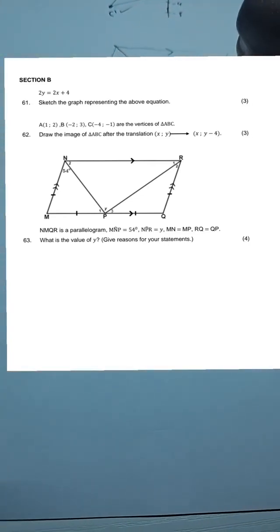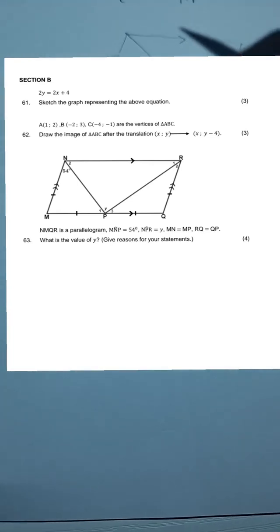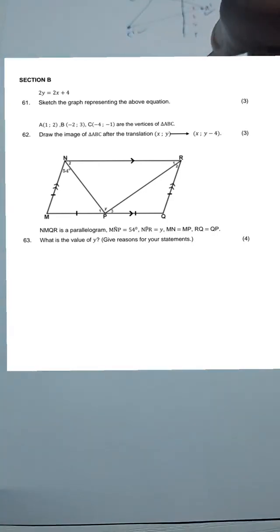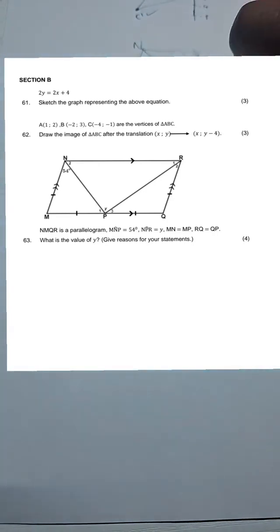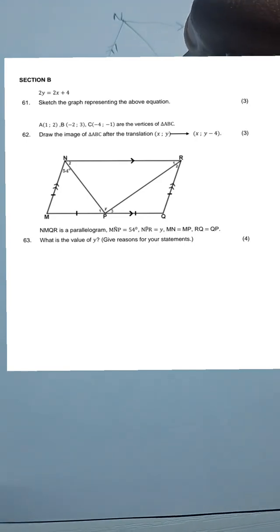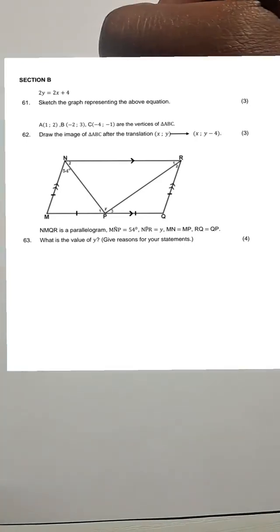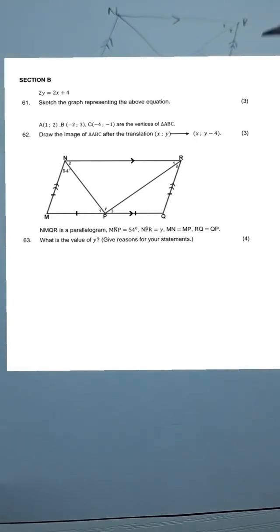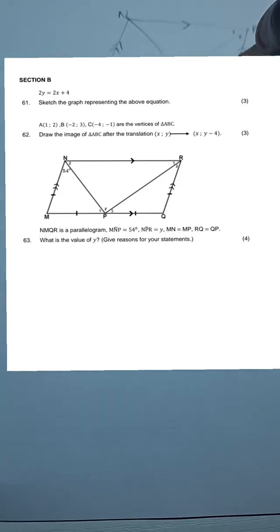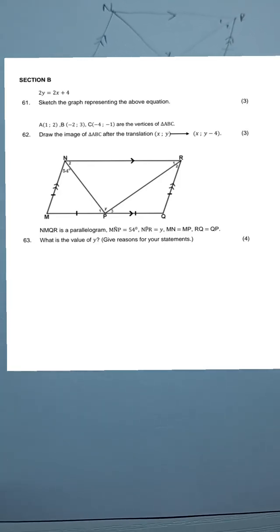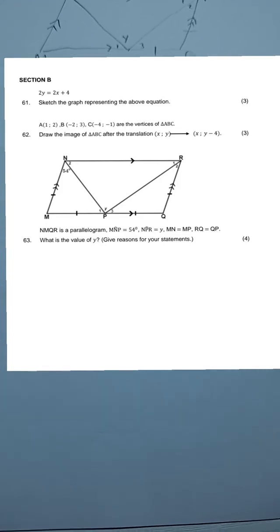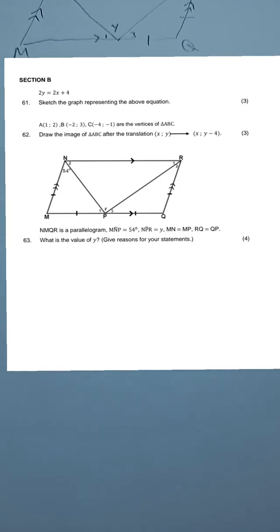The Y has been inserted there, so that you have no doubt about what they are saying. And then they are saying MN is equal to MP and RQ is equal to QP. And the question is, what is the value of Y? Give reasons for your statements.